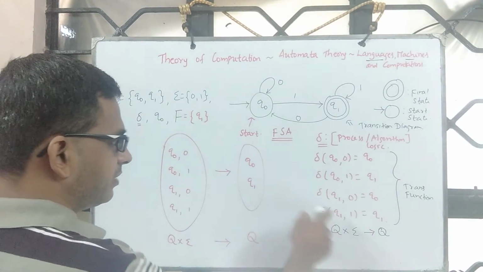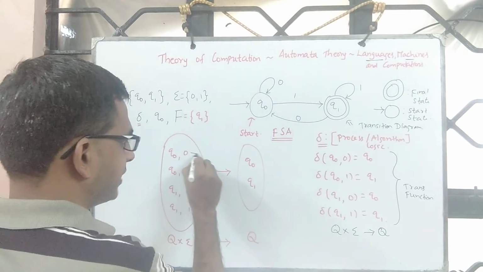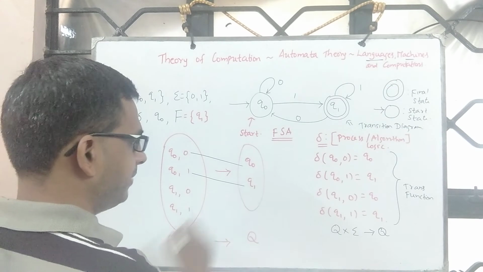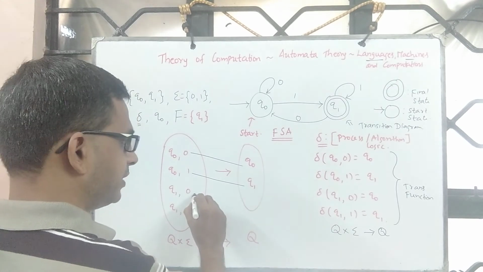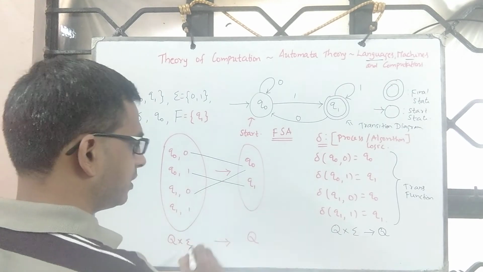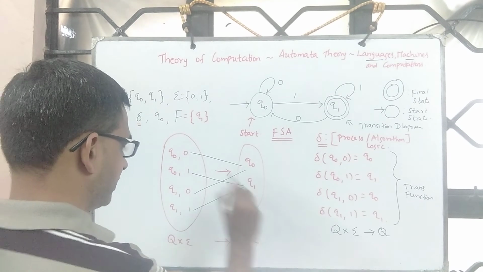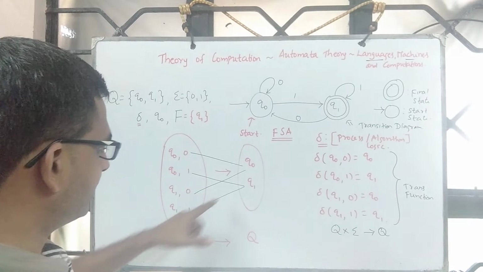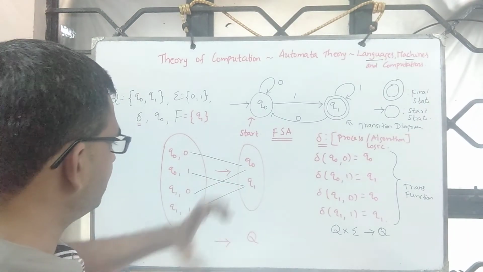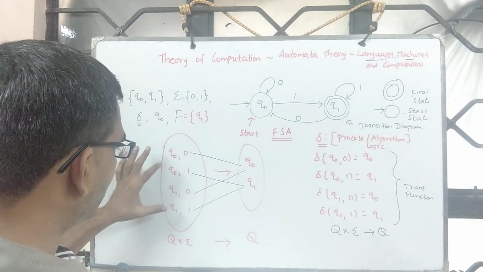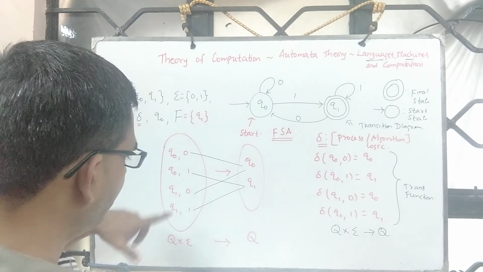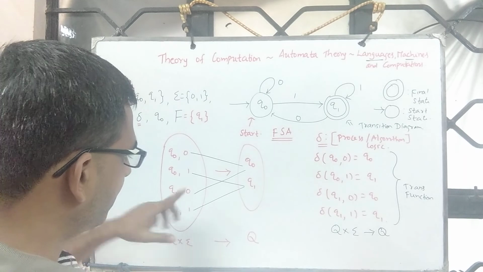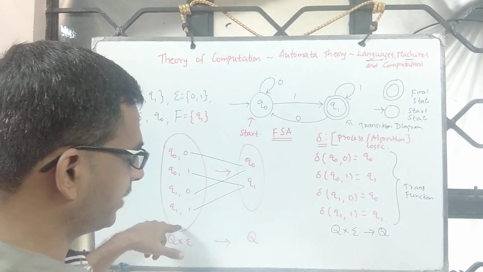Look at the description. q0 comma 0 gives q0, q0 comma 1 gives q1, q1 comma 0 gives q0, q1 comma 1 gives this. For each of them there exists exactly 1 image, and no element is left out, meaning we have not left any element unmapped over here.